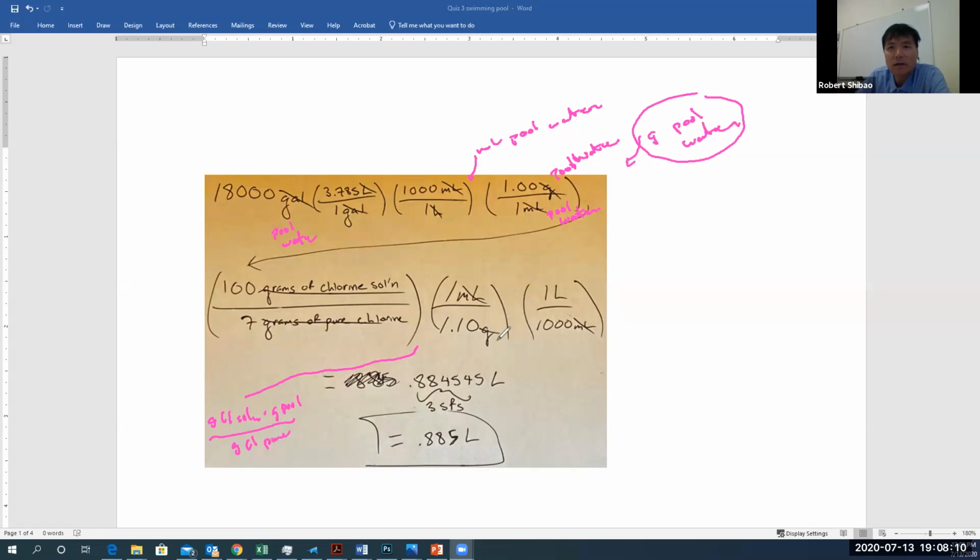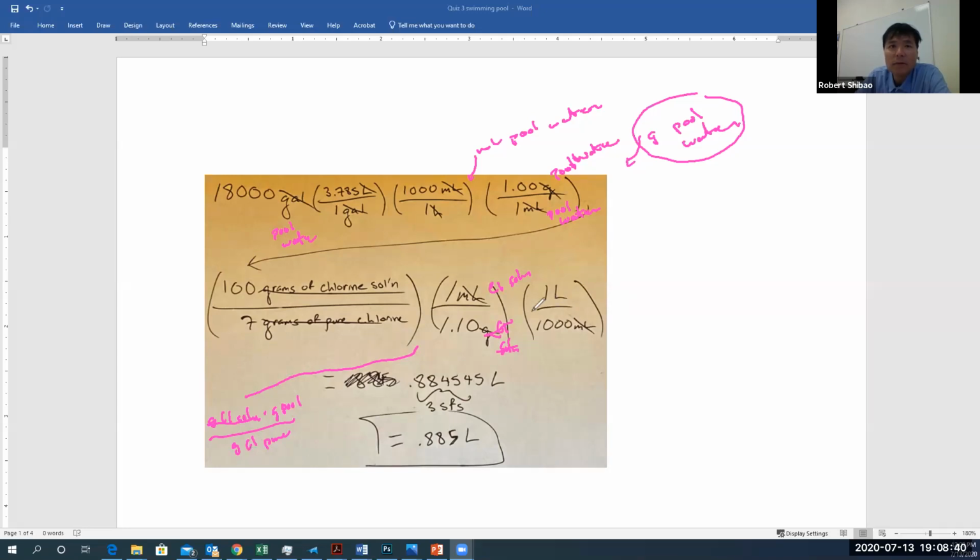Okay, then let's take a look at this next one. This one is restricted. This one's only valid for the chlorine solution. So this is 1 milliliter of chlorine solution for 1.10 grams of chlorine solution. So for every milliliter of chlorine solution, it weighs 1.10 grams. Now the grams of chlorine solution I see cancel. But I still have this weird unit here, grams of pool water over grams of pure chlorine.